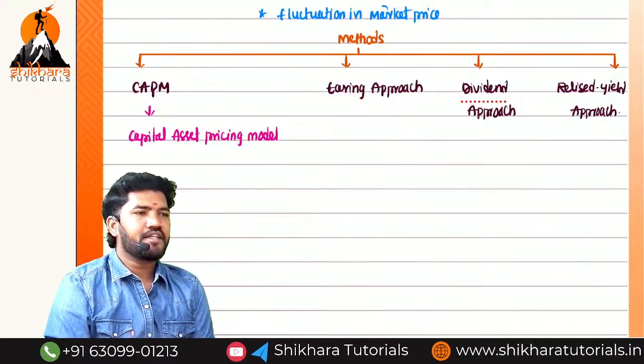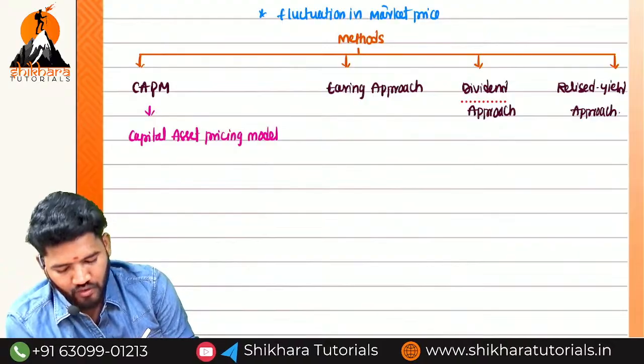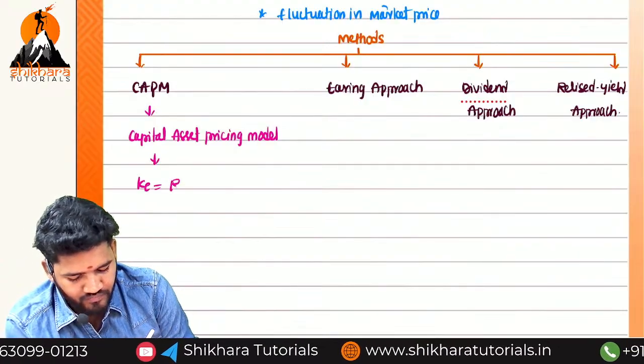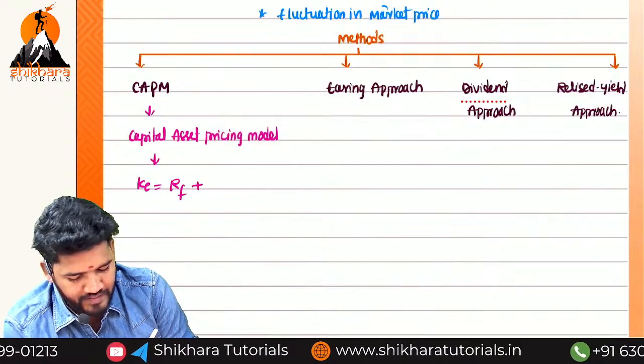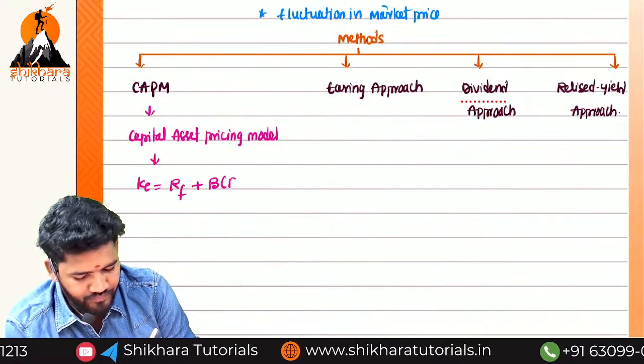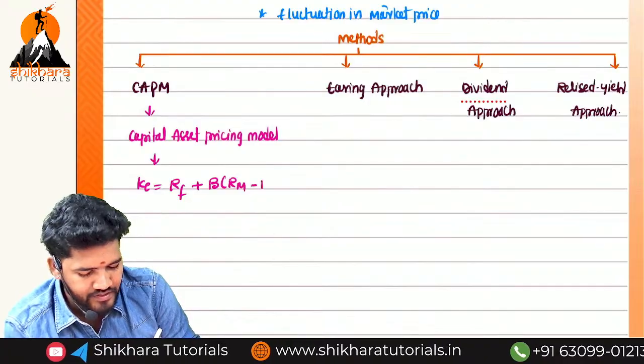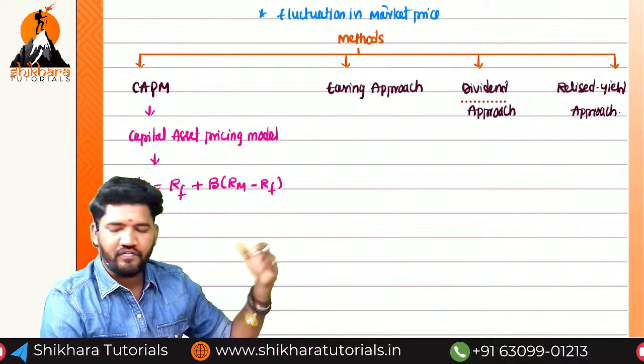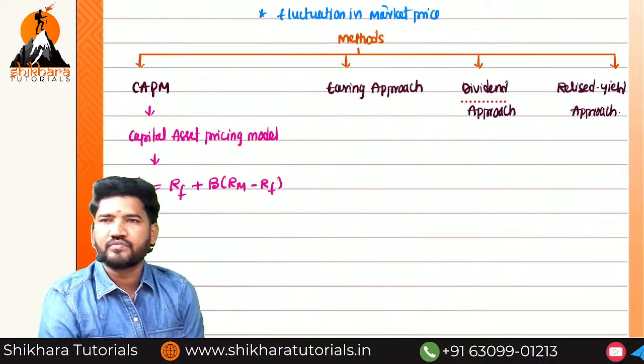Capital asset pricing model. Now this specifies KE equals RF plus beta into (RM minus RF). This is a formula. This will be reflected in your final level also.